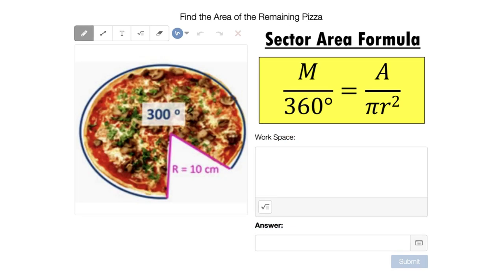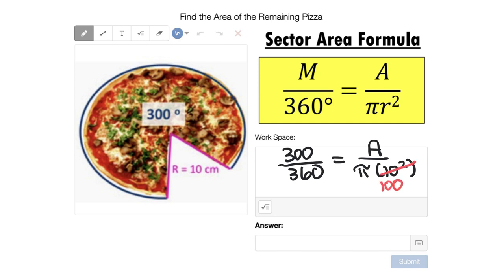Last but not least, they want to know the area of the rest of this pizza. So 300 over 360. Sorry, that was a little bit hard to read. So we have the 360 with the 300 equals A over pi times 10 squared, which we know is 100. 300 times 100. Oh my goodness, I'm typing too many numbers.